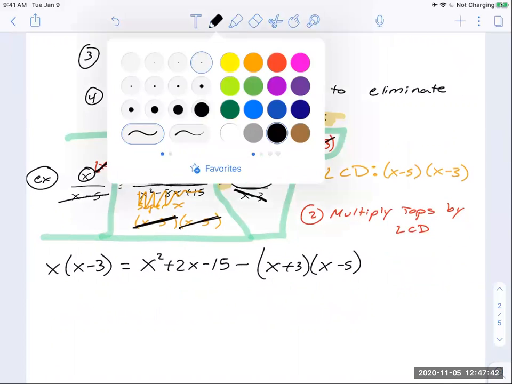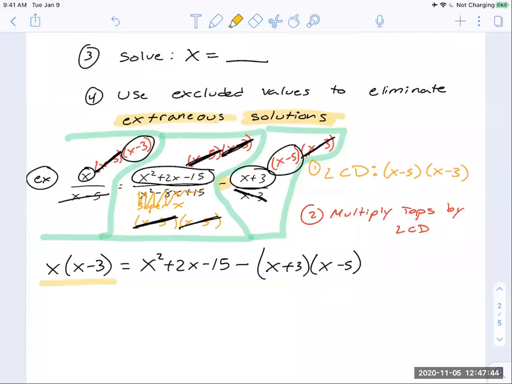I'm going to start with this section here. If I distribute, I get x squared minus 3x equals. There is nothing to do here. So I'm just going to bring it down.